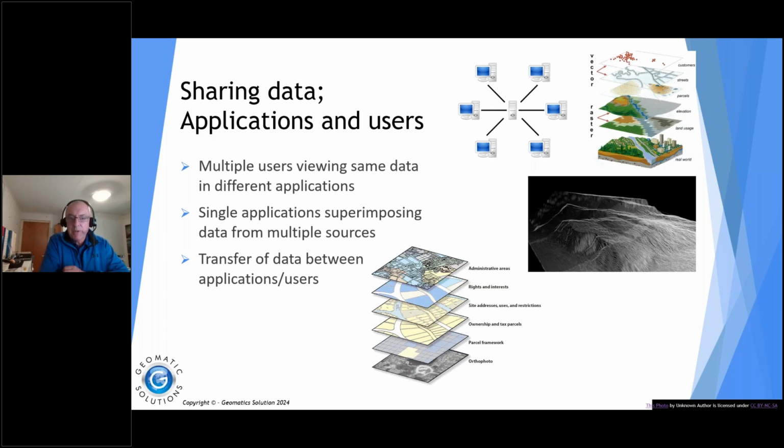The last point here is that once you start setting up your project, you start working with your data, you actually want to share this with other users. Other users may be using different viewers, so you are now transferring data not only from a database, but directly between applications as well.